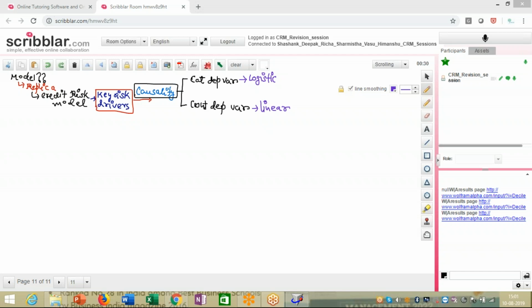Because when the vector of the independent variables would change, the dependent variable value would also change. So the expected value of y that you are seeing over there is nothing but a conditional expectation. You are trying to find out the expected value of y given a set of independent variables.